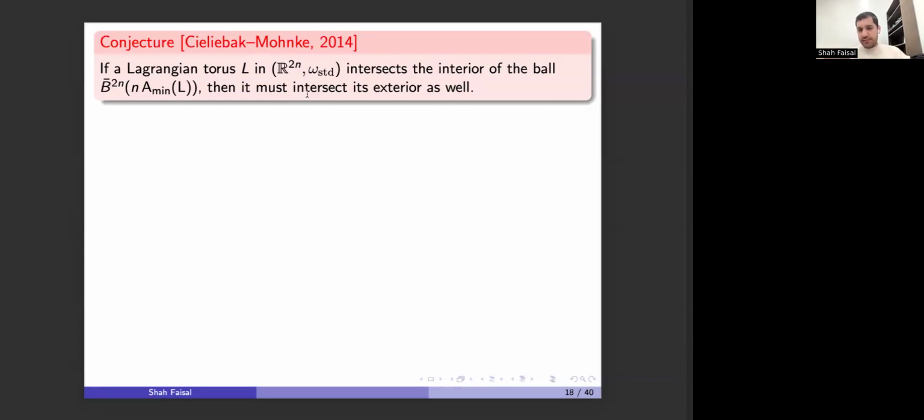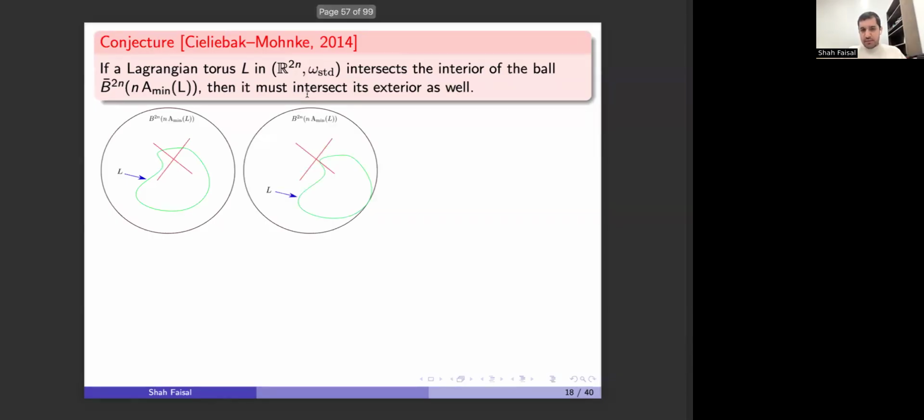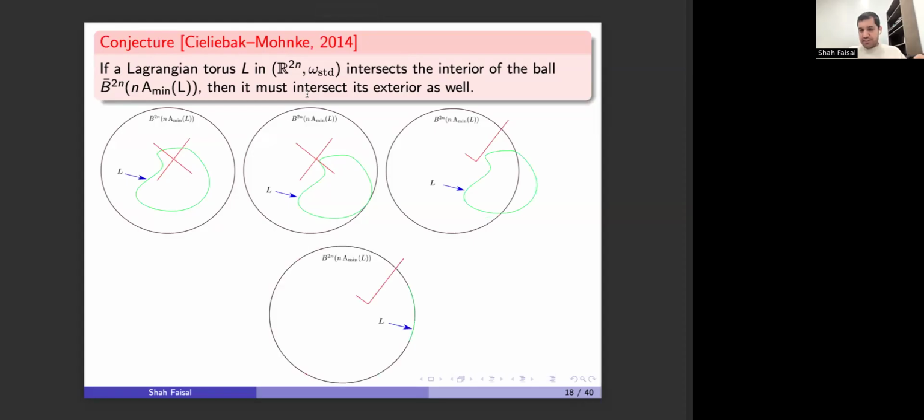So if it hits the interior of the ball, it is going to go out of the ball. For example, this picture is not possible. This is not possible. This is possible, and the Lagrangian can be completely on the boundary, that's possible.